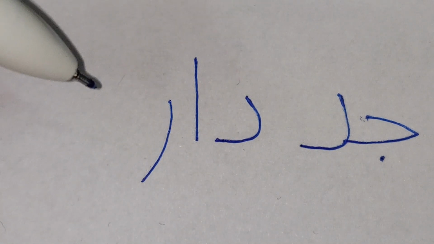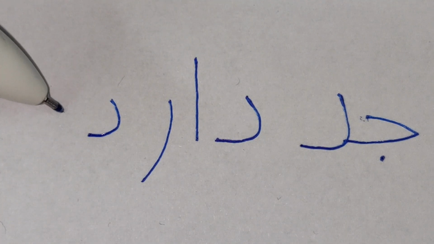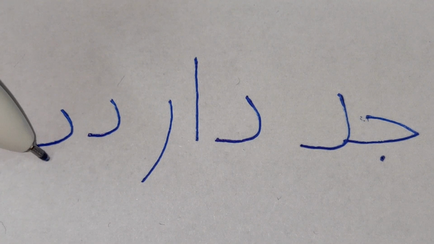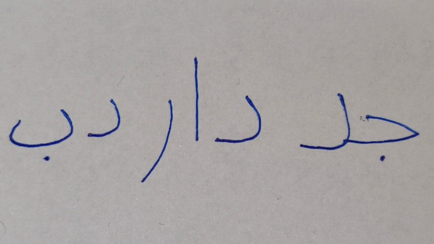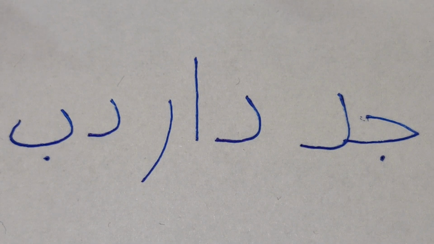The word for bear is dub, dal, ba, dub. So we have jad, dar, dub. Seriousness, house, bear.